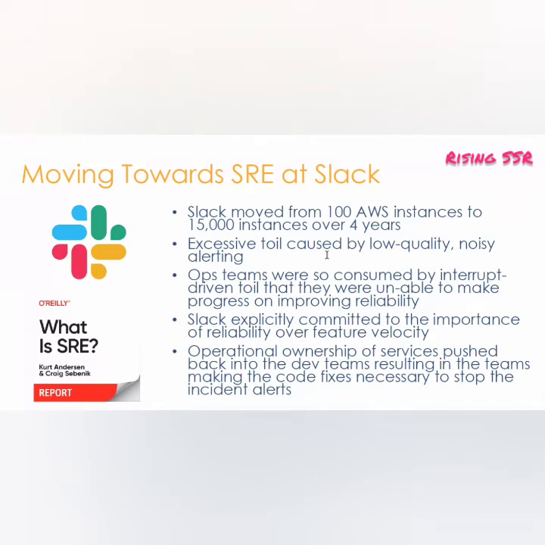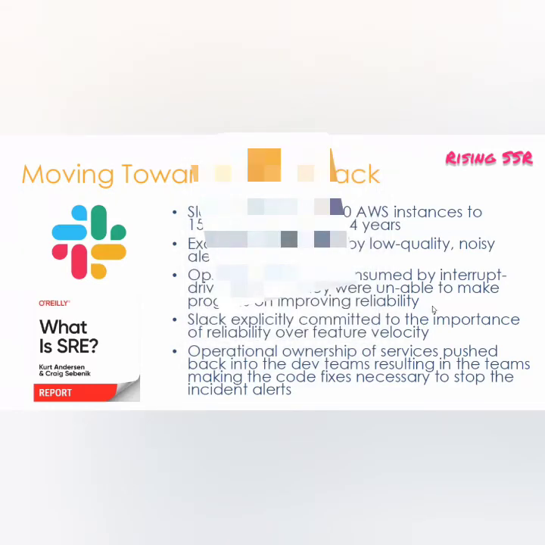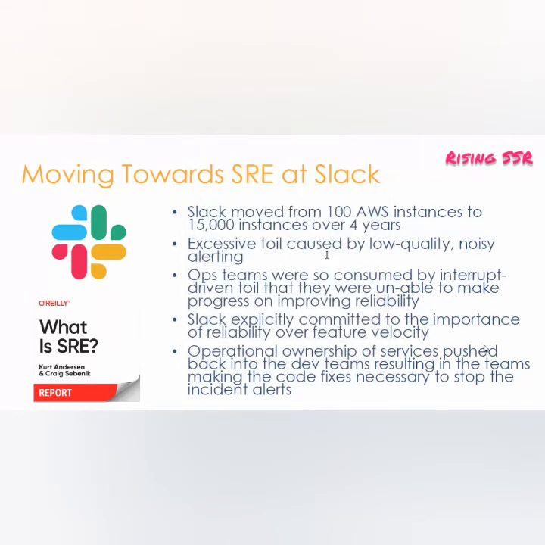That is right. So it briefly talks about the SRE adoption journey for Slack, wherein as a part of their AWS adoption, it talks about how they scaled up from 100 to 15,000 AWS instances, and as a part of that, they underwent a very painful experience. There were a lot of noisy alerts which the ops team had to deal with.